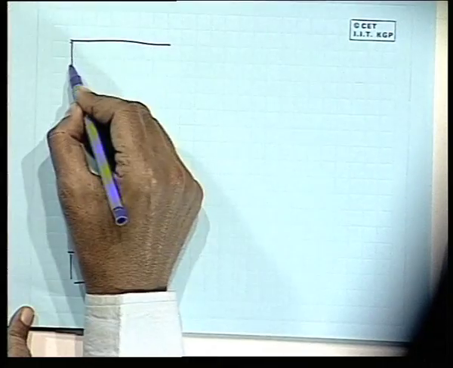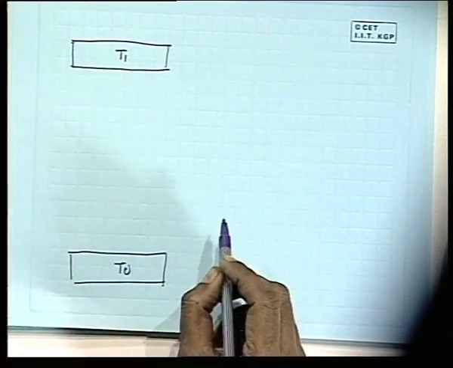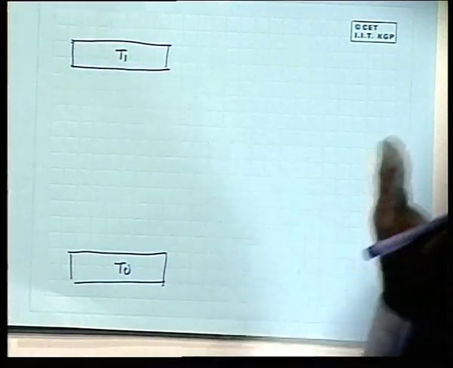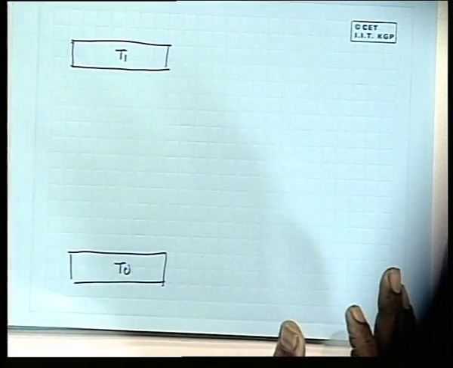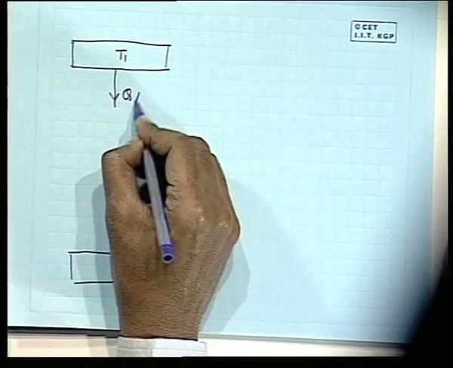Now, instead of delivering the heat from temperature T1 to the engine, suppose I deliberately want, as a designer, as an engineer, to first transfer this heat to a lower temperature.